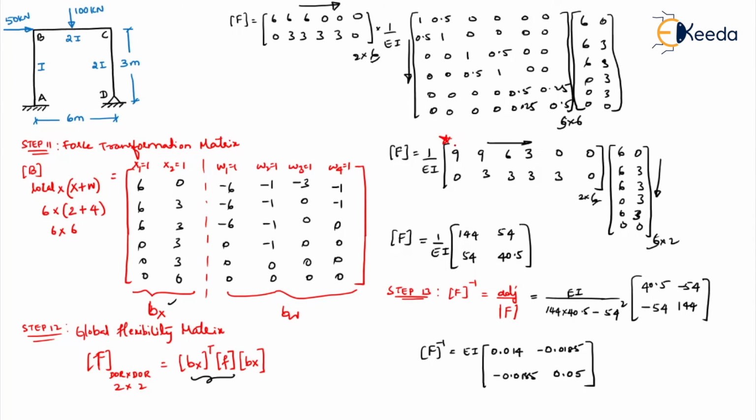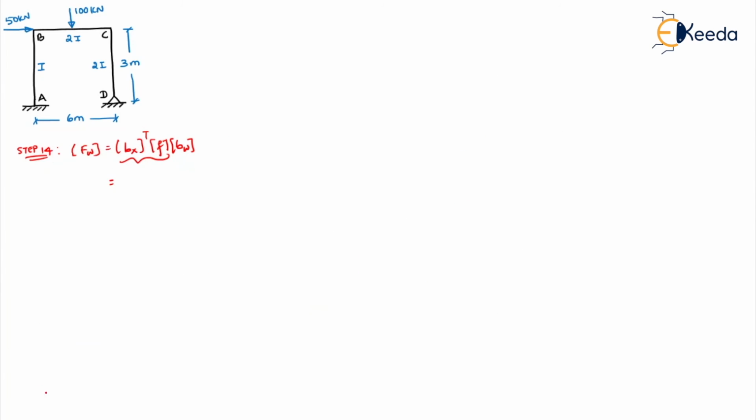So this is your Bx transpose into f, right? So what are the values? Let me do the substitution. So it's 1 by EI into 9, 9, 6, 3, 0, 0, 1.5, 3, 4.5, 4.5, 1.5, and 0.75.